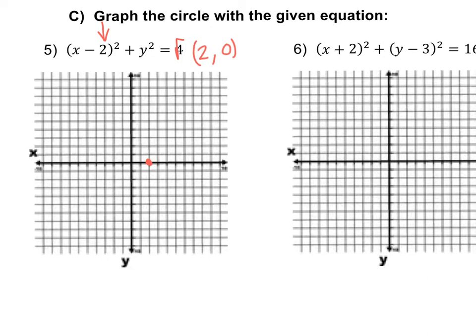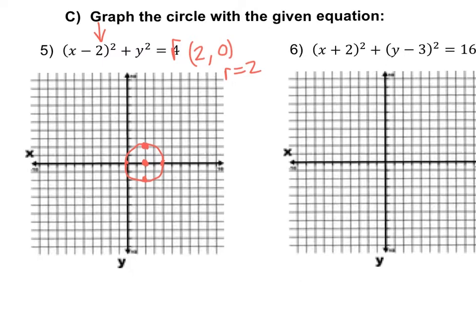That means the radius is 2. We can go in 2 in all directions. So 2 that way, 2 this way, 2 down, 2 left, and now we have a circle. There you go. That's it.